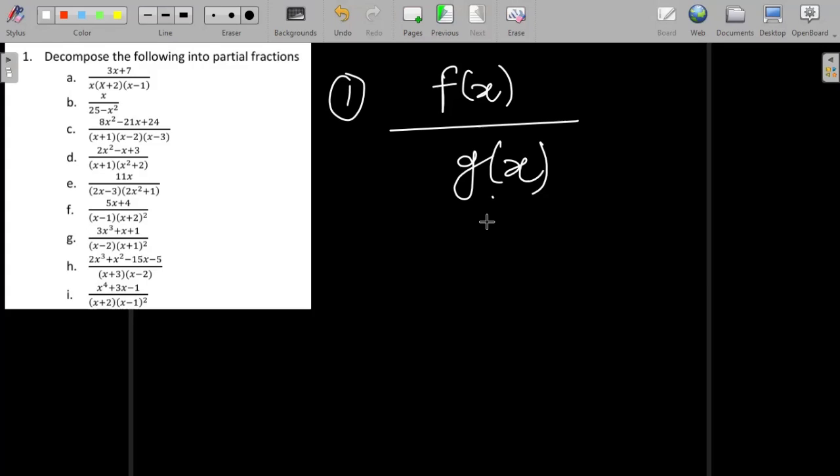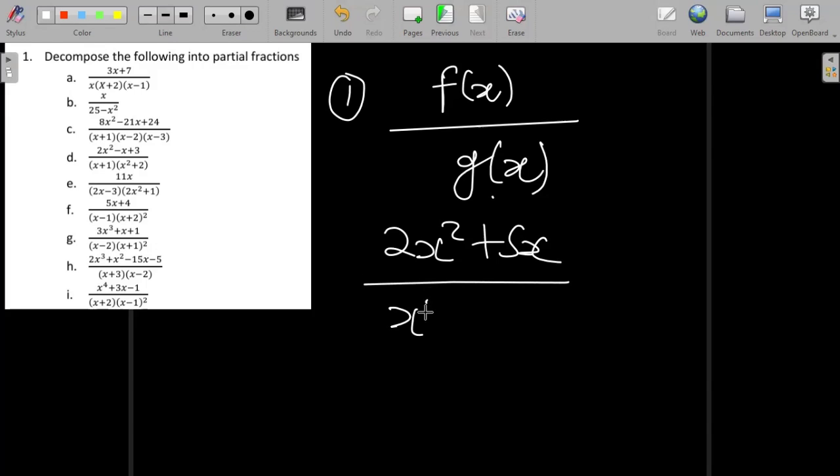You check the degree in the numerator, and then you check the degree in the denominator. For example, I can write 2x squared plus 5x divided by 2x squared minus x. You check the highest power in the numerator. The highest power is 2.